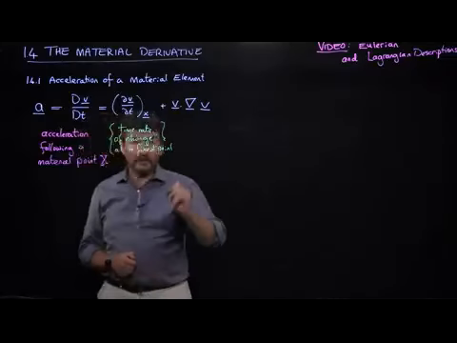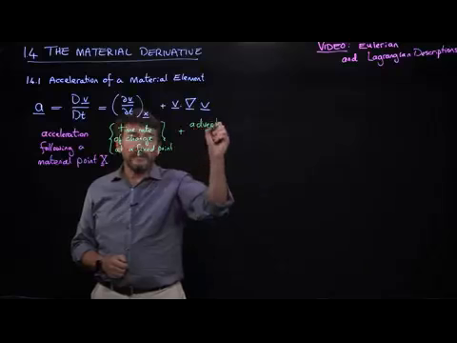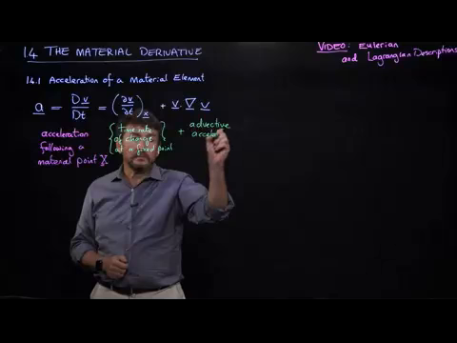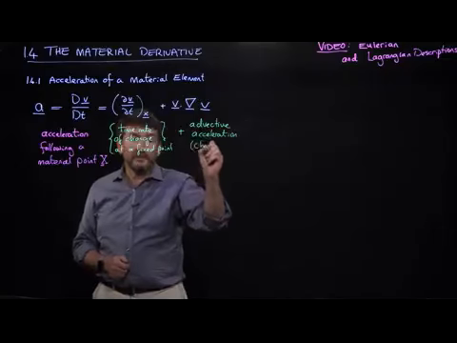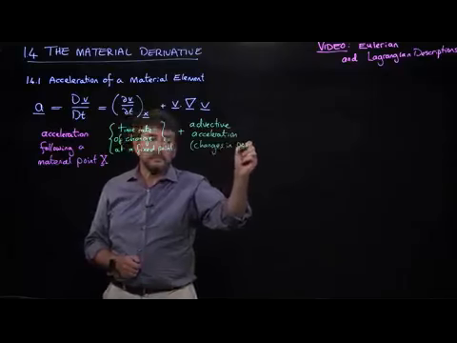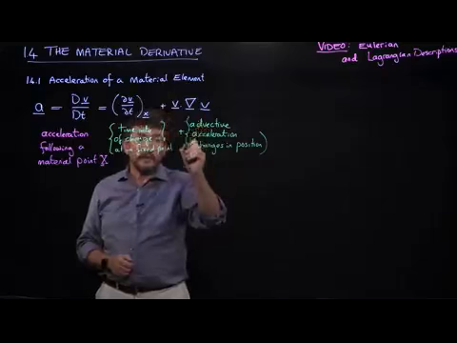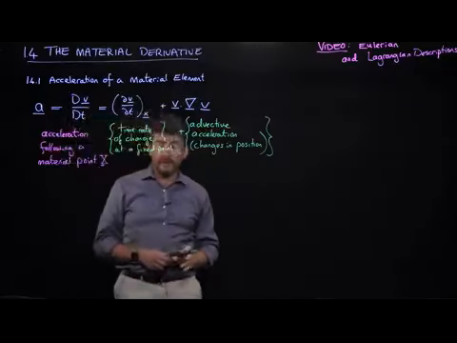But then there's another quantity as well, which is this term that we've called the advective acceleration, associated with changes in position. And so these two added together is what we mean by the total acceleration.